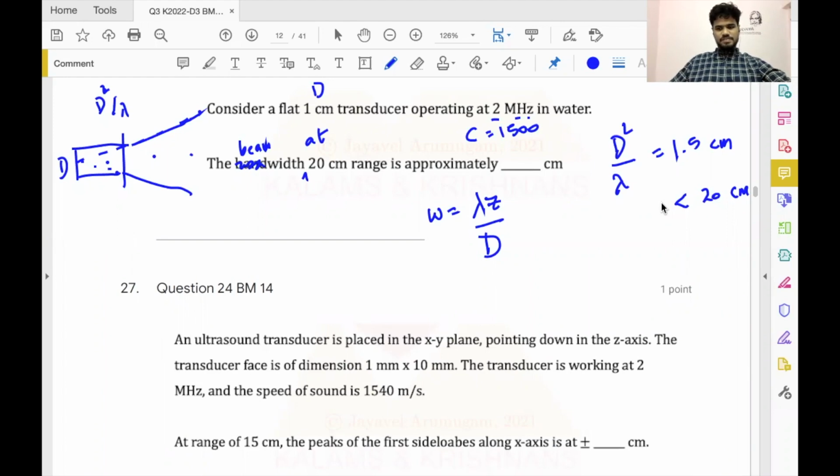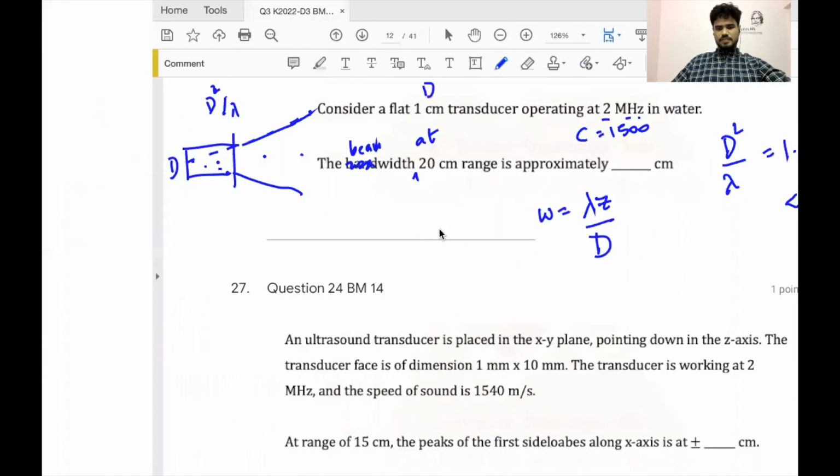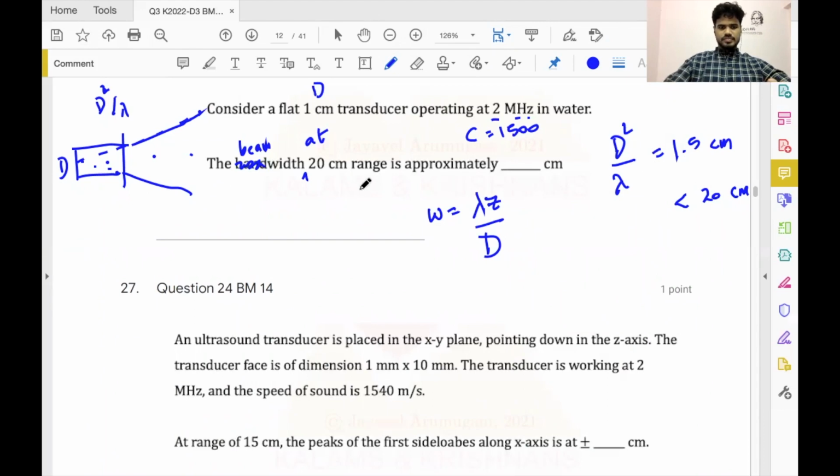Anyone else quickly? What is d squared by lambda? Okay, this is not 1.5. Someone else? Quickly we have 13.3, 13.4, something like that.